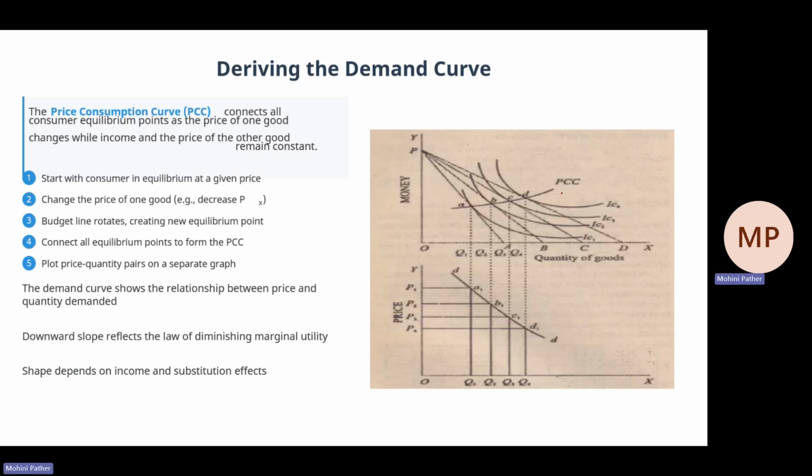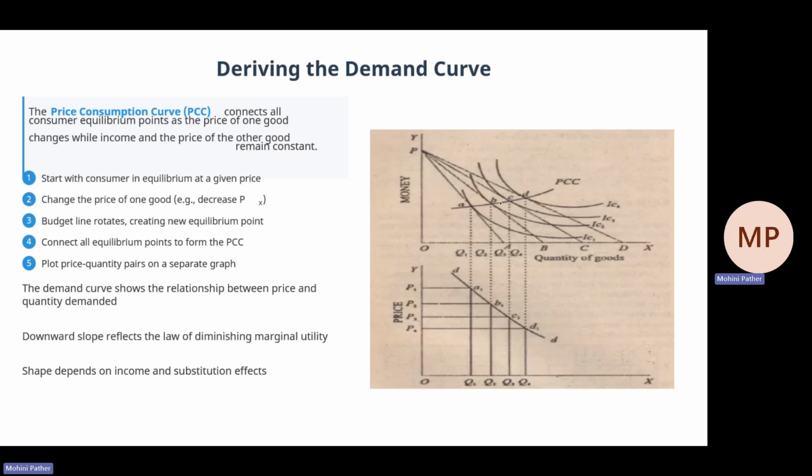So over here we have your overall PCC graph, not to be confused with your production possibilities curve, so your PPC graph. Your price consumption curve connects all your consumer equilibrium points.